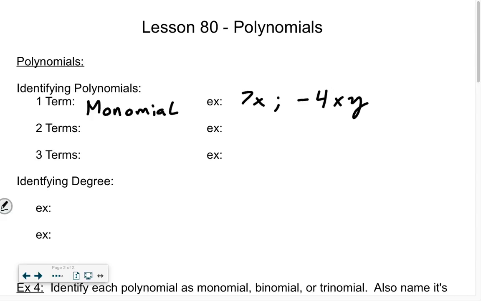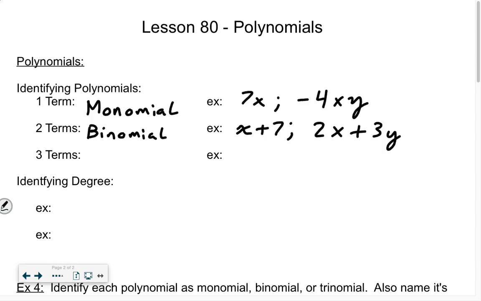If we say we have two terms, that is called a binomial. An example of a binomial is x plus 7. Notice that we have two terms there, the x as well as the 7. Or 2x plus 3y. Again, we have two terms. We have the 2x and we have the 3y.